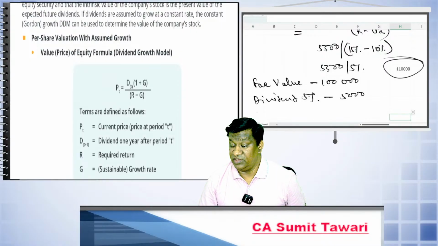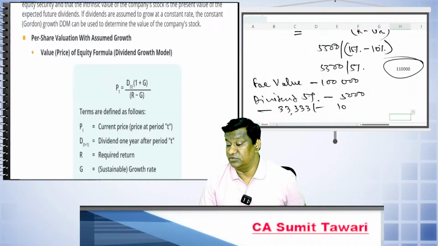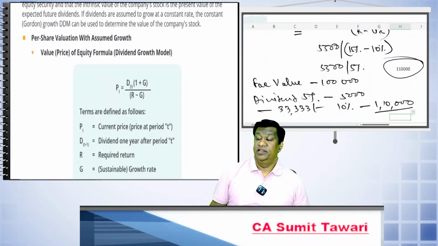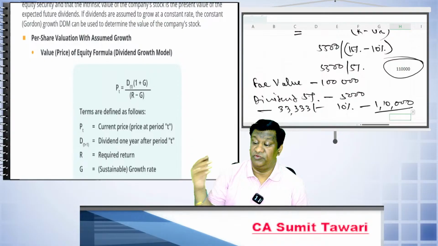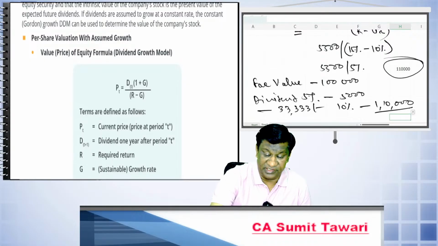If there is no growth, the value of the share is 33,333. But if there is a 10% growth, then the value is 1,10,000. Clear? Because of the growth rate, you are getting an additional amount, so that also we need to discount. Any doubt here?